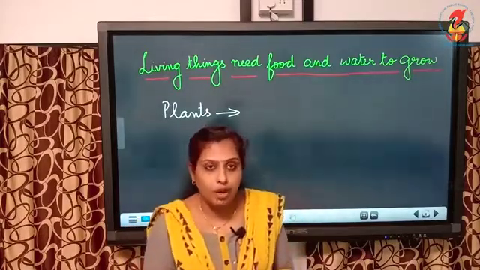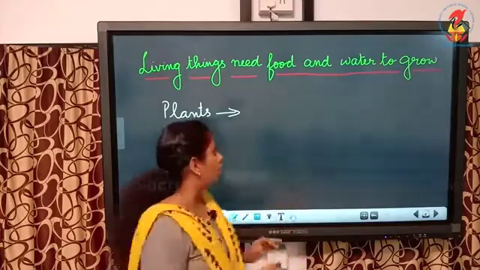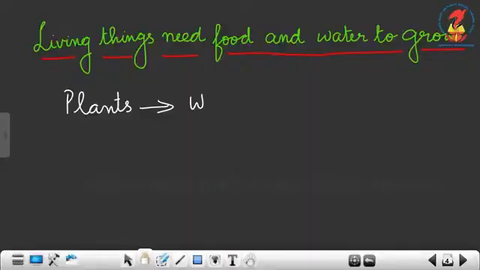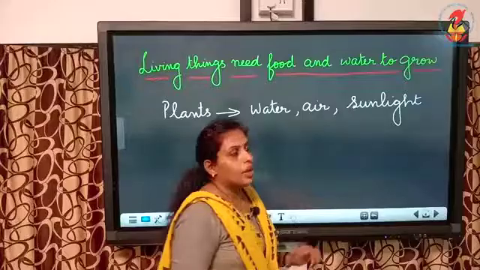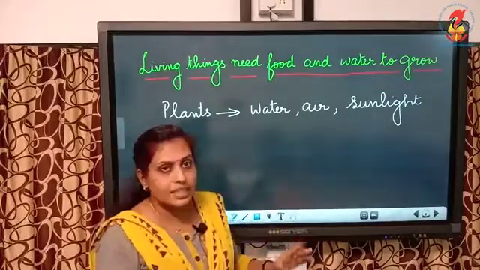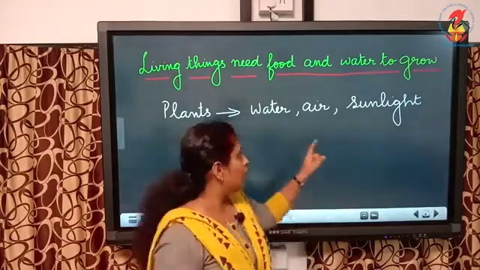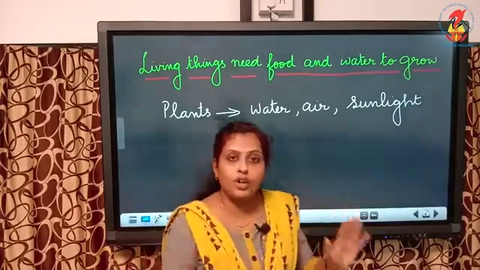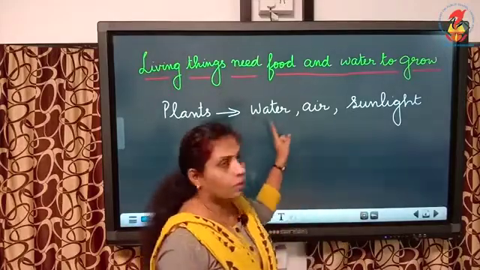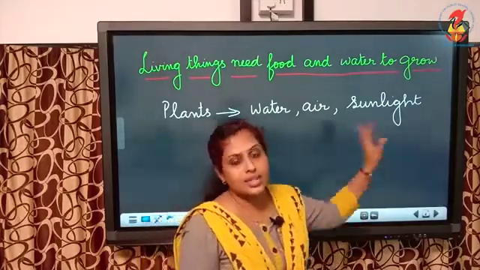How do they prepare their own food? They prepare their own food with the help of water, air, sunlight. With the help of these things, the plants can make their own food. I'll tell you once more, plants make their own food with the help of water, air and sunlight.